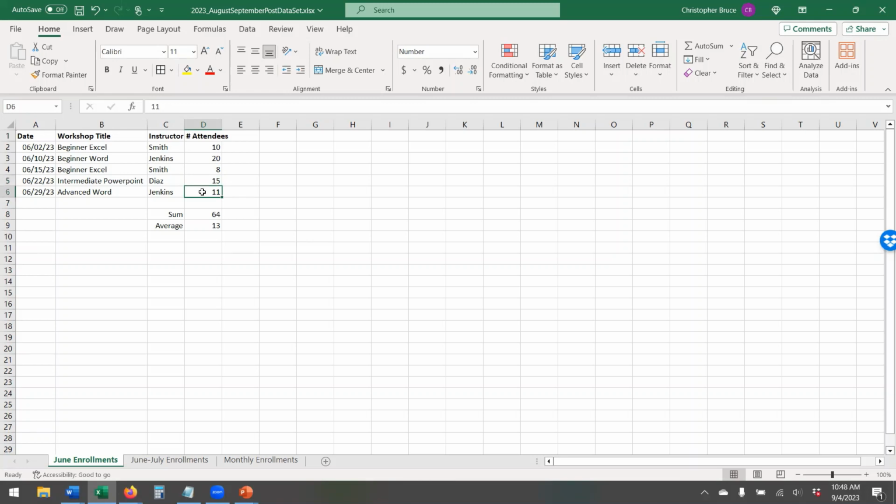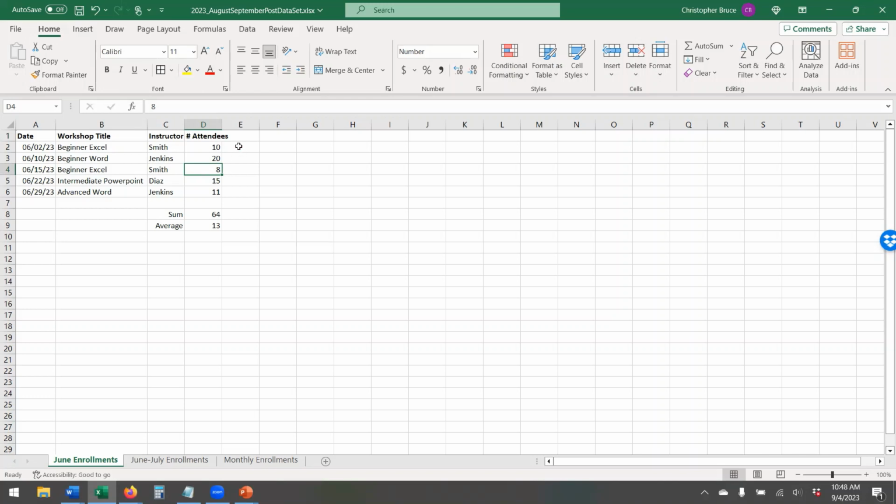This is only 2 bodies below the average, probably not significant. So we can see the average tells us where most of these classes fell in terms of enrollment, and we can start looking at outliers, really highs and really lows, and say, okay, why? What happened here? These are so far off the average that something either went really well or really poorly, and we can start trying to diagnose and figure out where we need to put our effort to correct these items.